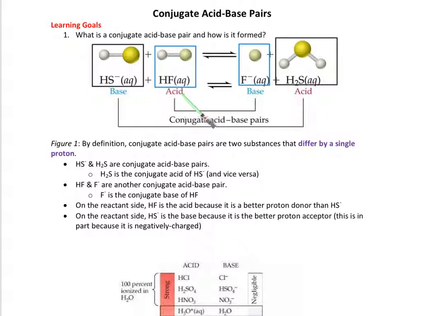And likewise, in order for something to be an acid, it needs to contain at least one proton, and so HF fits that bill. And between these two, HF is the acid because it is a better proton donor than the HS-, and the HS- is a base because it is a better proton acceptor.